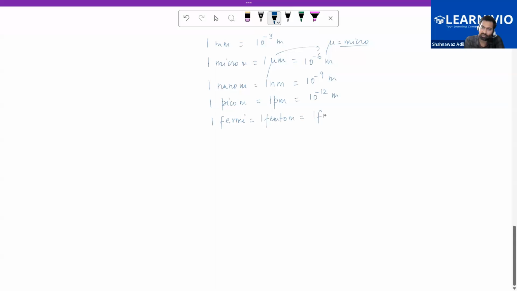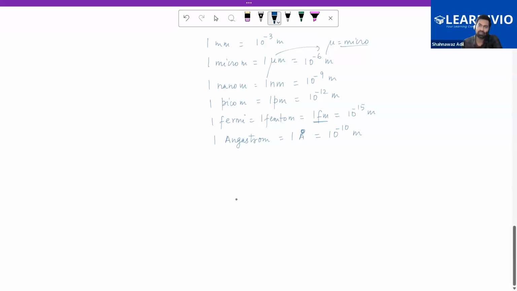So 1 fm is 10 to the power minus 15 meters. This is the size of the nucleus. One more thing is angstrom, written as 1 Å, a particular notation, and this is 10 to the power minus 10 meters.